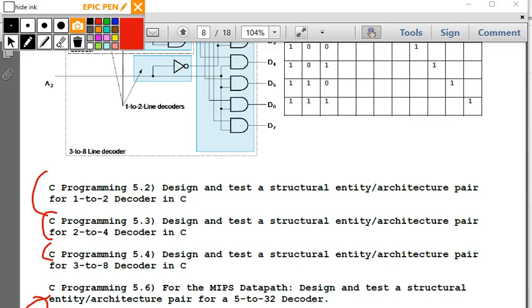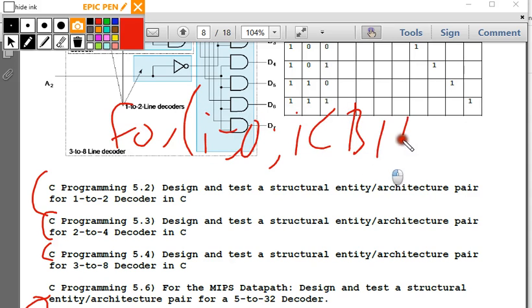Well, the for loop was not what I said in the problem. I have to use 2 to 1 multiplexers, and so now you've solved the problem. That wasn't my design constraint, that was the solution. So I'll write it on the screen here: for I equals 0, I is less than bits, I plus plus.